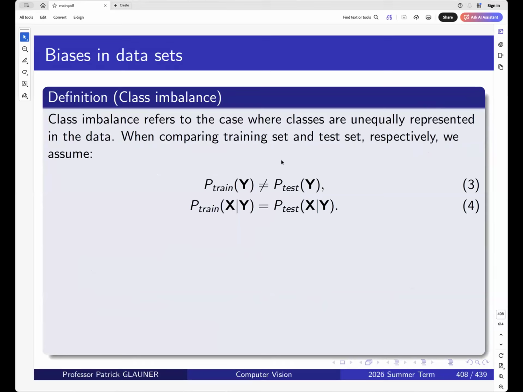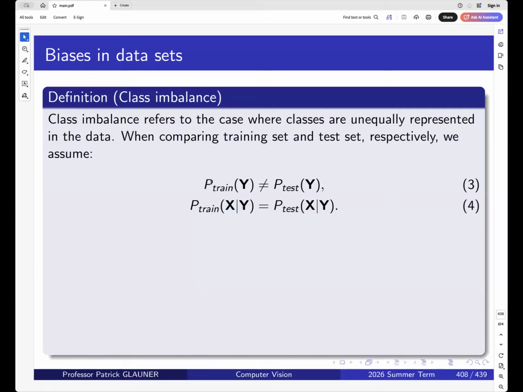For class imbalance, what we will assume is that we have a training distribution for the labels and a test distribution for the labels, and that these two distributions are different. However, we assume that we also have two conditional probability distributions, where the training distribution of the data given the label is the same as the test distribution of the data given the label.